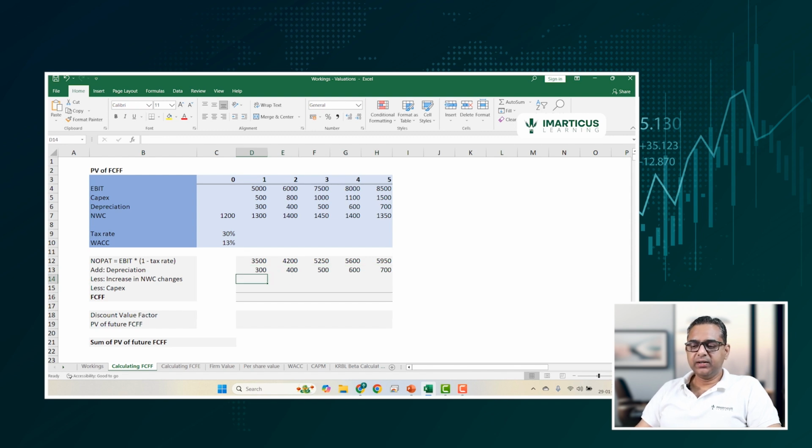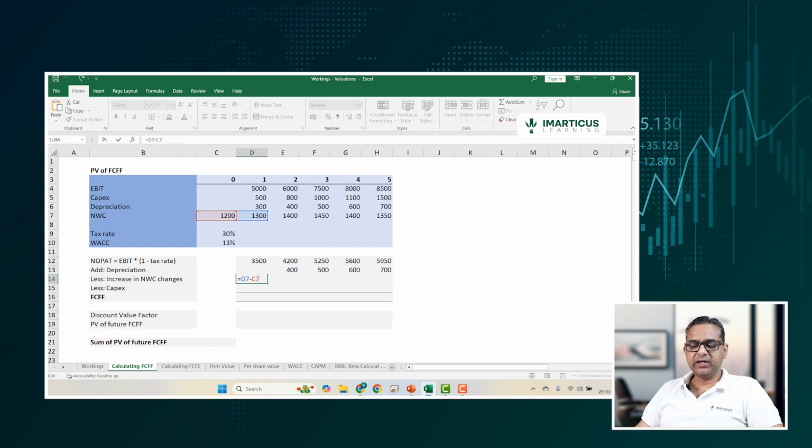Increase in net working capital. So here we can see at the end of year 1, net working capital has increased by 100. That means some of our cash got consumed there in the working capital. So we will do minus 100 when we are doing the FCF calculation, because this is the increase in working capital. If working capital has increased from 1200 to 1300, that means 100 of our free cash flow got blocked here. So our free cash flow to the firm reduces because some cash is getting blocked here.